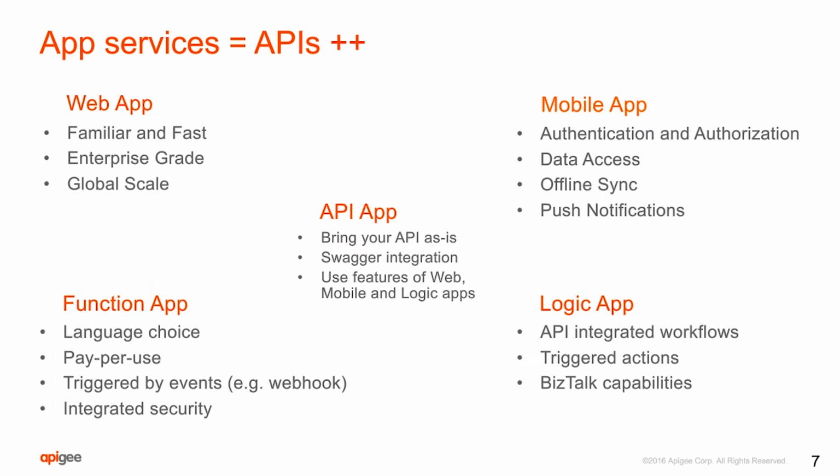And so here's that list of various types of app services that you can build on the Azure platform, where we're actually offering some additional platform capabilities for the particular solution area. Web app is what we used to call Azure Websites.